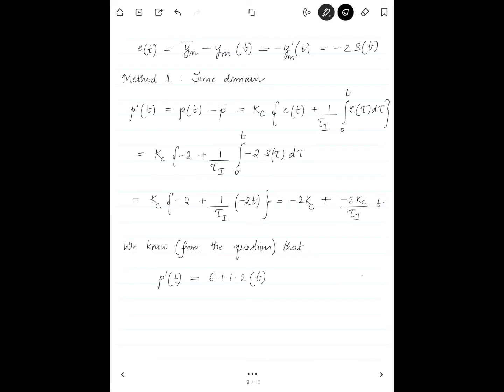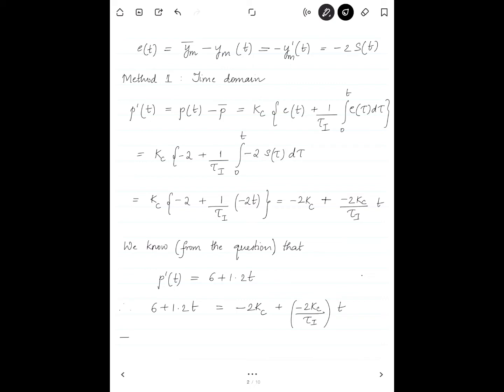And I'm actually going to just get rid of the brackets over here because it's unnecessary. It's just a multiplication. It's not a function. I don't want you to get confused with that. So 6 plus 1.2 times t. And from the general expression, substituting the error term, of course, we have minus 2Kc plus minus 2Kc over tau I times t.